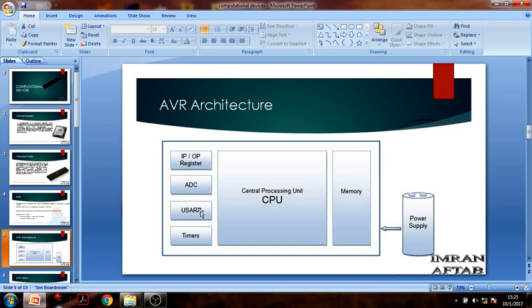If you want to communicate between two devices, suppose you want to control your device or project with your mobile phone, you are making communication between your mobile phone and the device you have made with the microcontroller.